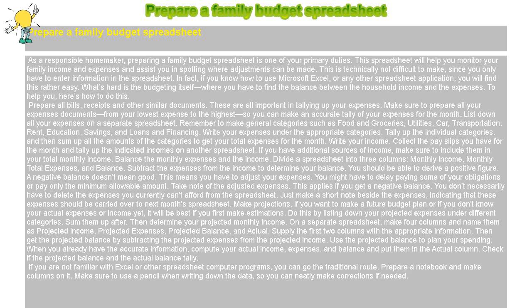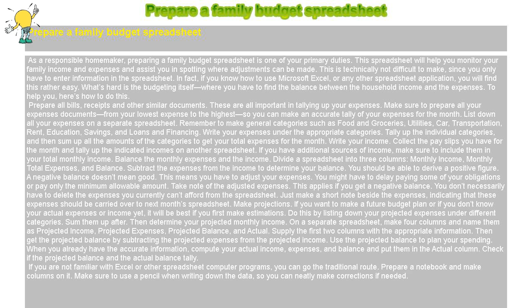You don't necessarily have to delete the expenses you currently can't afford from the spreadsheet. Just make a short note beside the expenses, indicating that these expenses should be carried over to next month's spreadsheet.